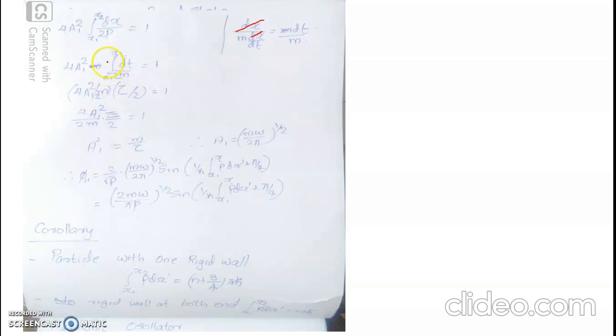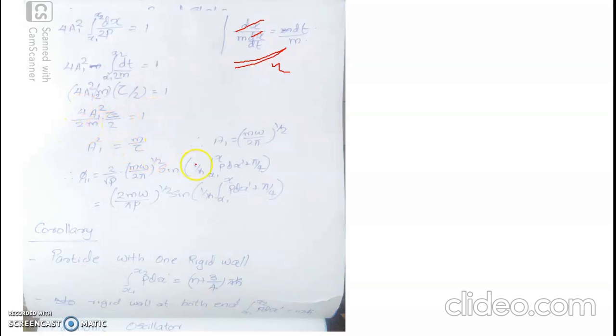In the limit from x1 to x2 and back, that will be completing a period, say tau. If it is from x1 to x2 only, then it is half a period, tau divided by 2, that's equal to 1. I have not modified any of these numbers. For a1 square tau divided by 2m into 2, that's equal to 1. Clearly a1 square is equal to m divided by tau.